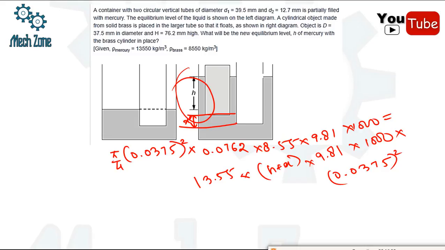So if you solve here, you will get the value of h plus x.